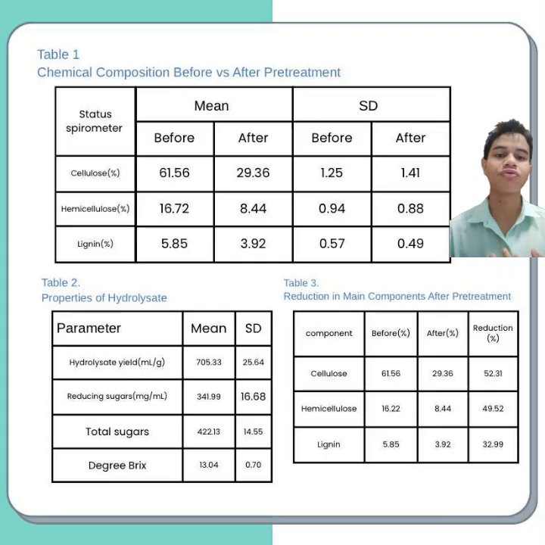Total sugar 422.13 plus minus 14.55 mg per ml, and Brix 13.04 plus minus 0.7 Bx, according to Table 2 and Figure 2 and Figure 3.